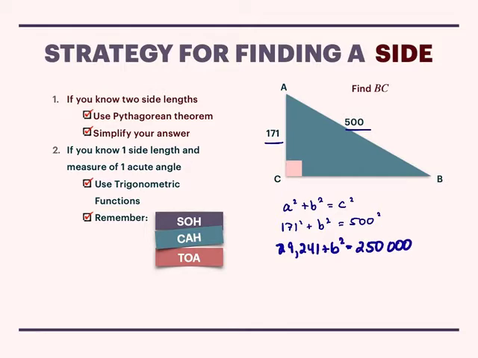Now I'm going to subtract away this 29,241 from both sides, giving me b squared equals, let's do that subtraction on my calculator, 220,759. And then I'm going to square root that.